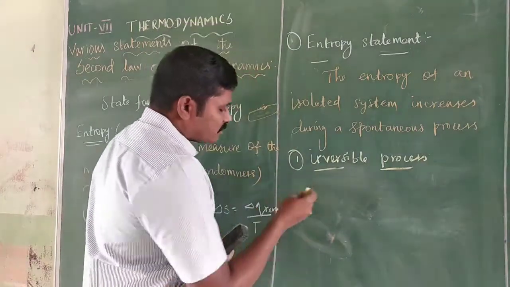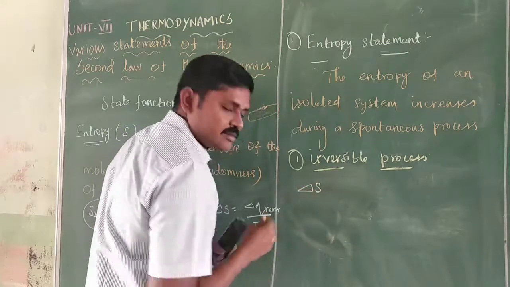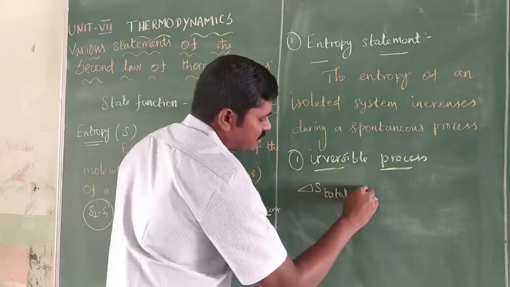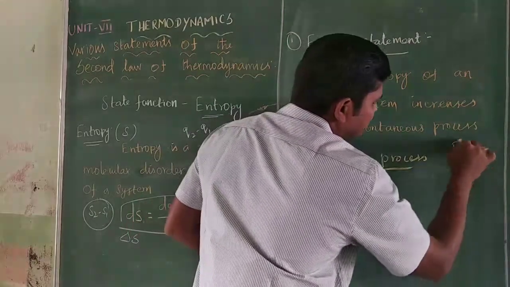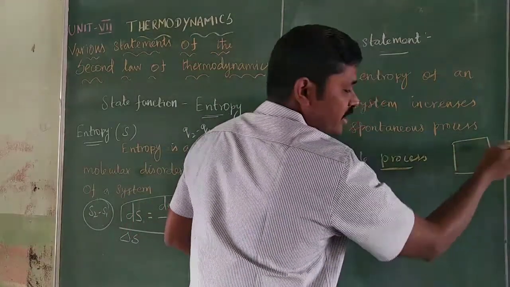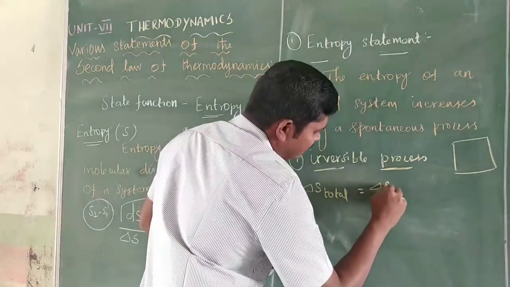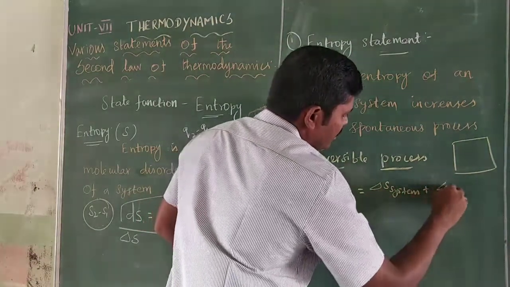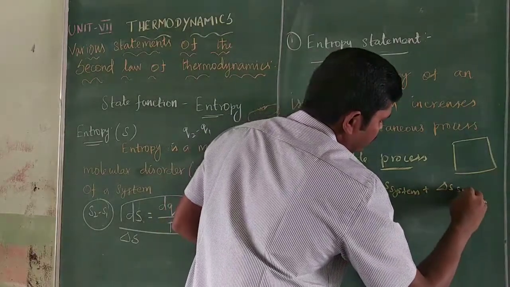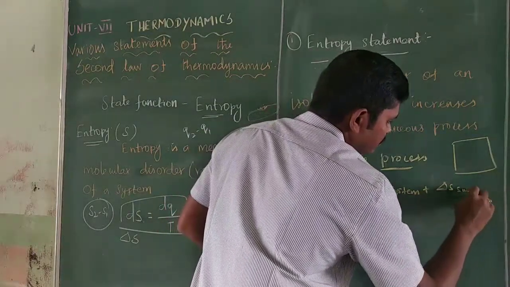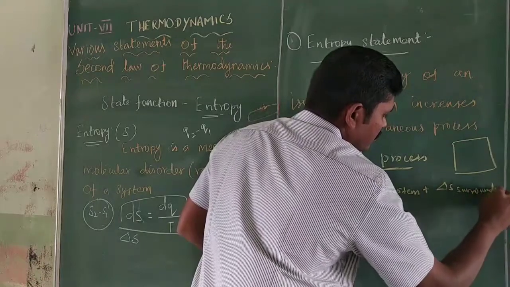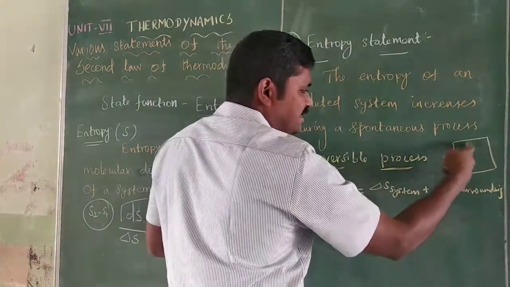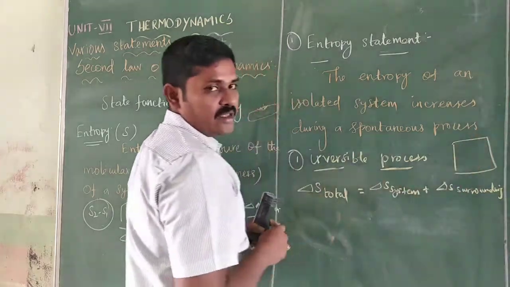The total entropy change del S total is equal to del S system plus del S surrounding.